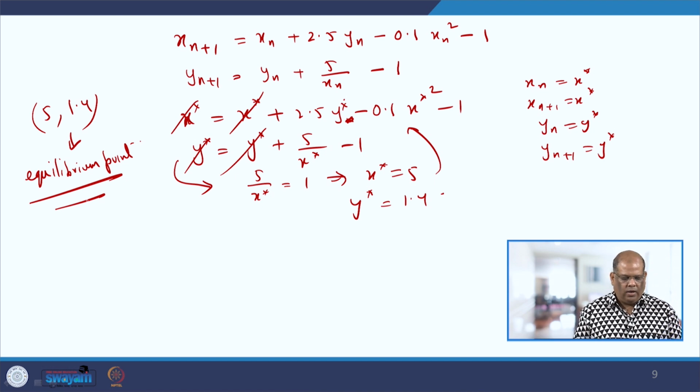And once you do that, then you calculate the Jacobian matrix.